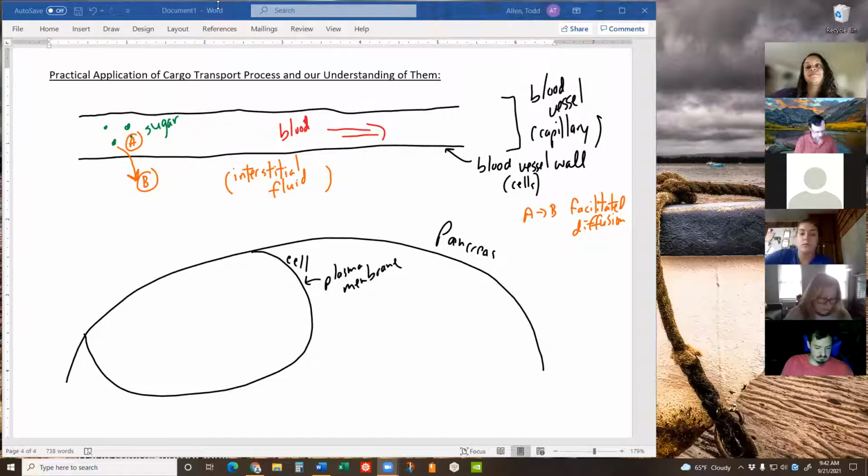So let me ask you this: what is the molecular formula for glucose?